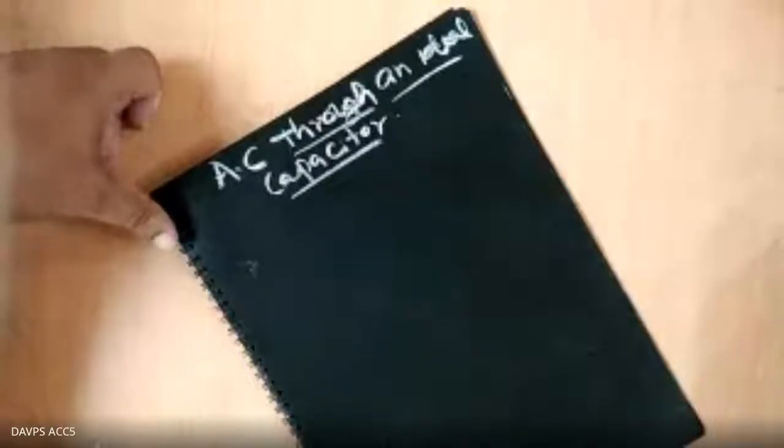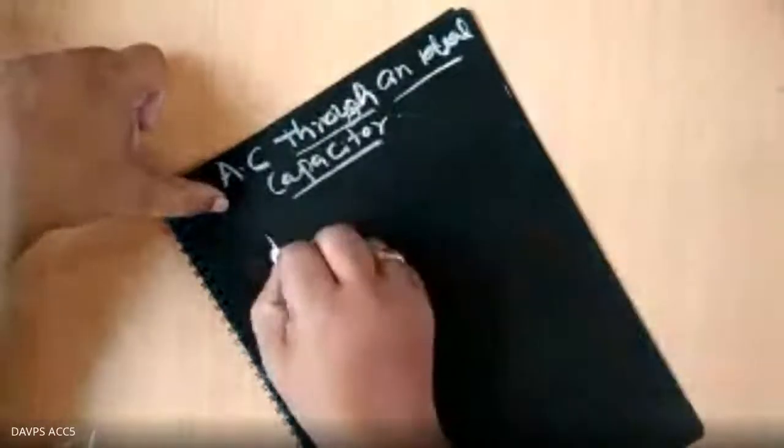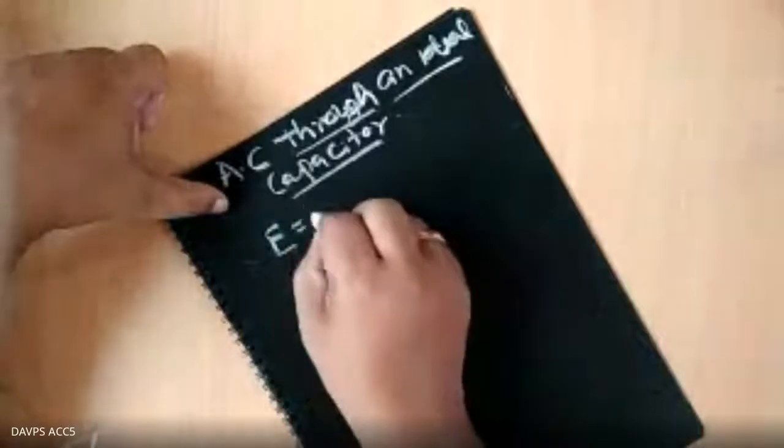Okay. Let a capacitor of capacitance C is connected between the terminals of an AC source. You write, let a capacitor C is connected between the terminals of AC source, and E equal to E naught sin omega t.